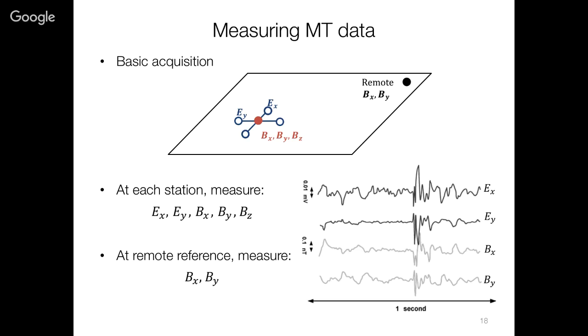I've got to somehow deal with that by taking some averages, some ensembles of data averages, and try to get an estimate of what the average impedance values are. The other thing that's required is generally a remote reference station, because we've got lots of local noise, and we need to somehow contend with that. So usually they'll have a remote reference.